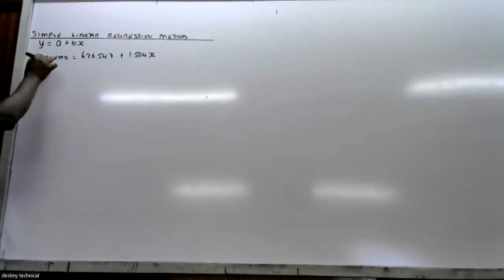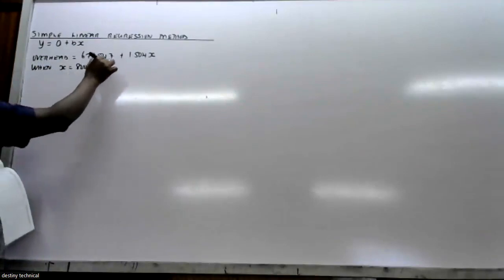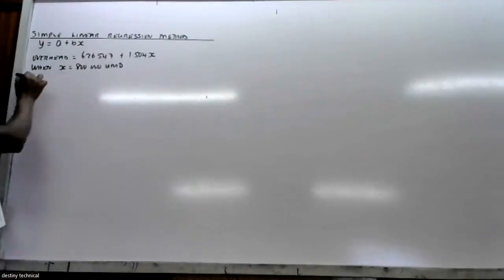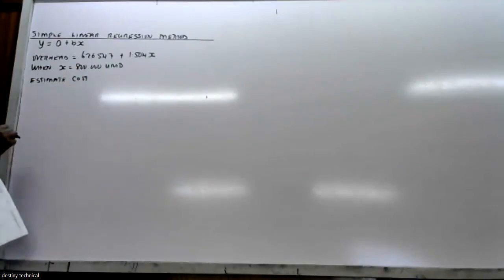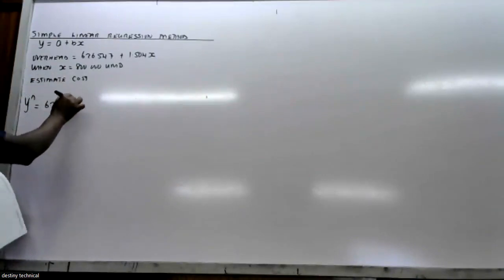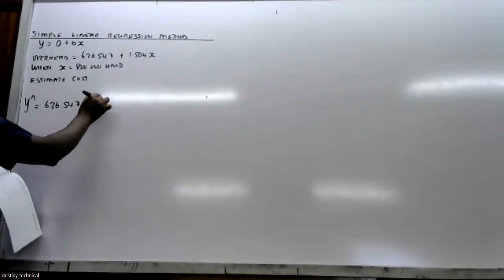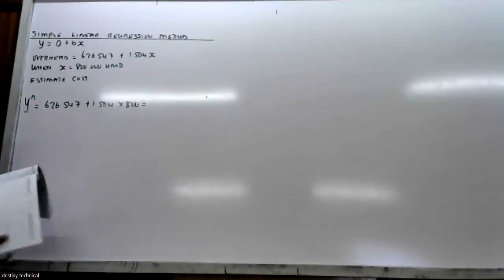So when X is 800,000 units, estimate costs, that is Y predicted, will be 626,547 plus 1.504 times 800.